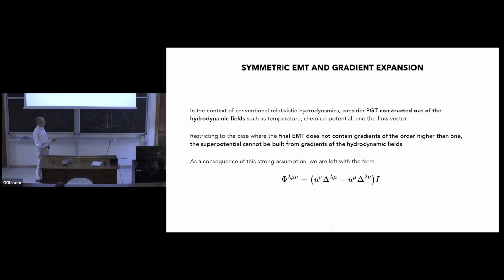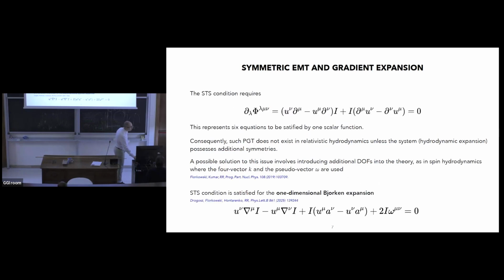This restricts the transformation a lot. You will see that only this kind of form is allowed. So you have a single scalar which will parameterize the whole pseudo gauge, and then this condition has to be satisfied: the divergence of this must be 0. This is of course not possible to satisfy in general, because this is a single scalar function, and you have 6 equations.